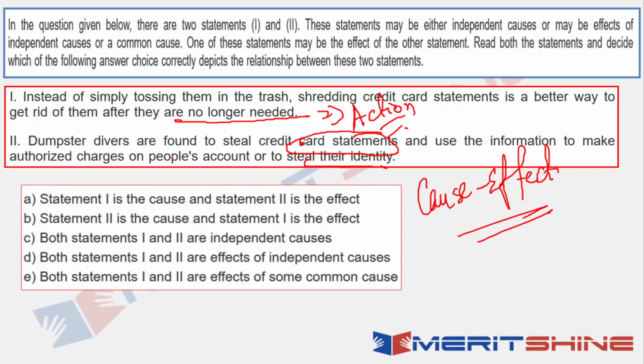Okay, right. And here the author, or rather the question maker, gives a reason. The dumpster divers, dump is your kachra. So the people who glean through the dump are known to have those credit card statements, and they give it to someone who can make unauthorized transactions.